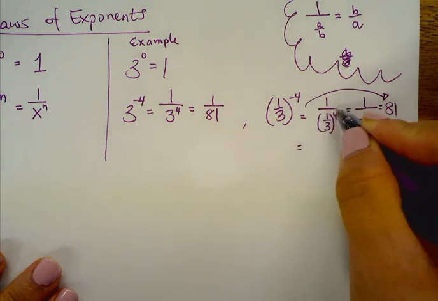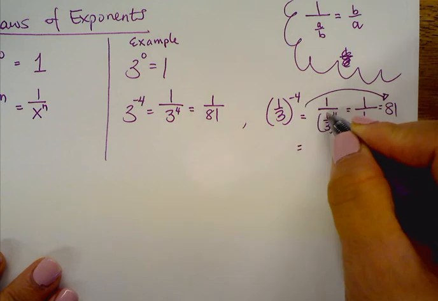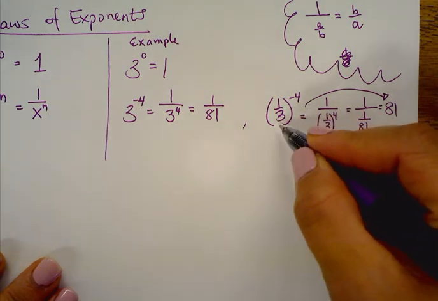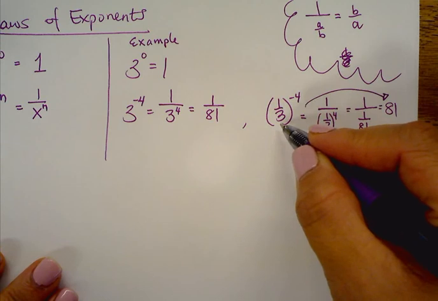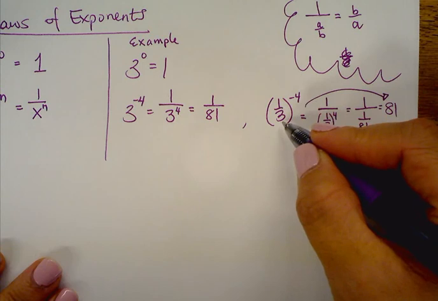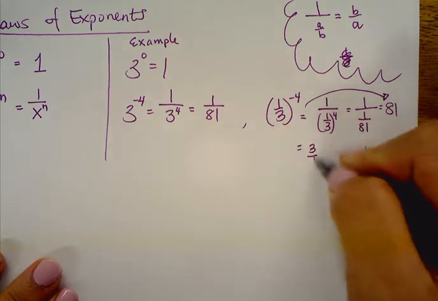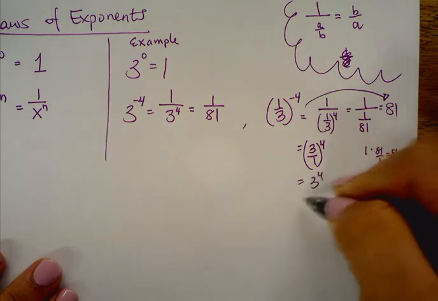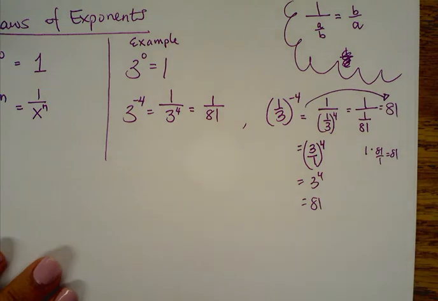That is the same thing as just flipping this, taking the reciprocal of 1/3. So what is the reciprocal of 1/3? 3 over 1 to the positive 4th power, which is 3 to the 4th, which is 81. You like that? Let's try another example then.